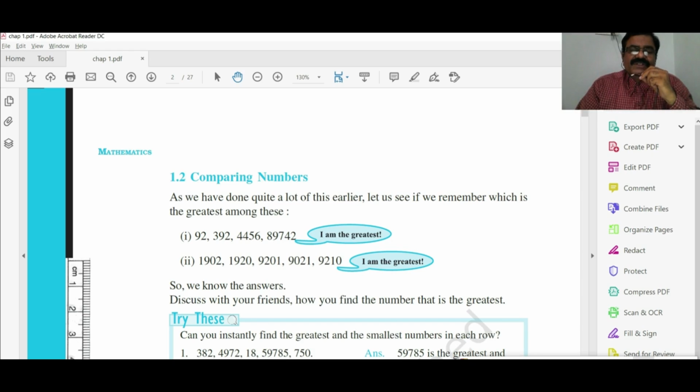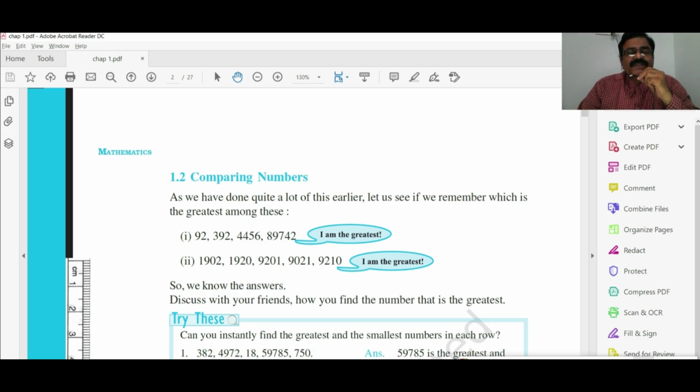First of all, you see on the left side of the written numeral what digits are contained in the number. In the example I already explained to you, the largest number is 89742, while the smallest will be 92, because there are only 2 digits in 92 while there are 5 digits in 89742.